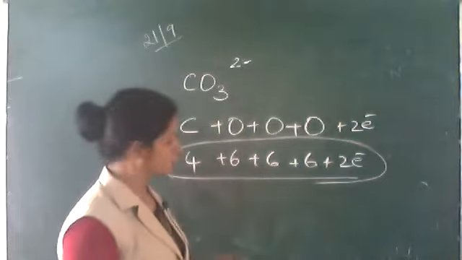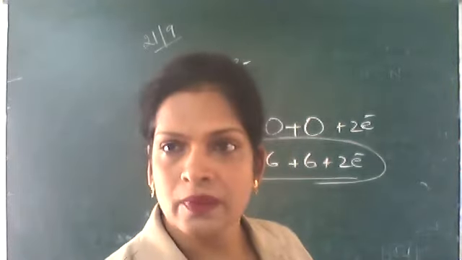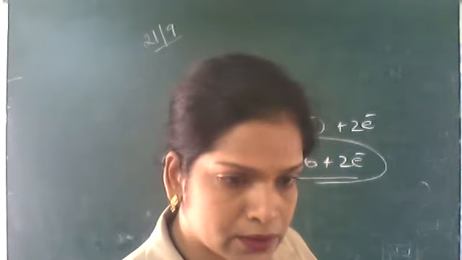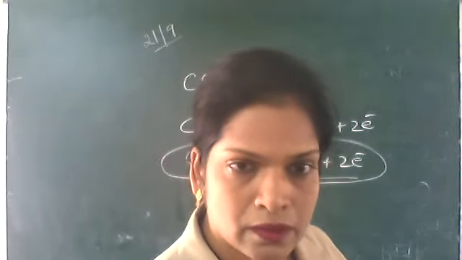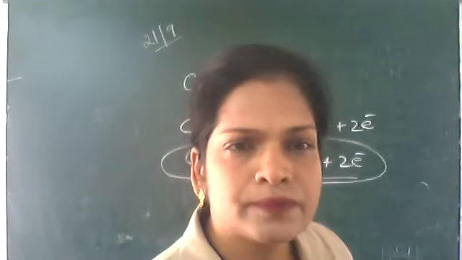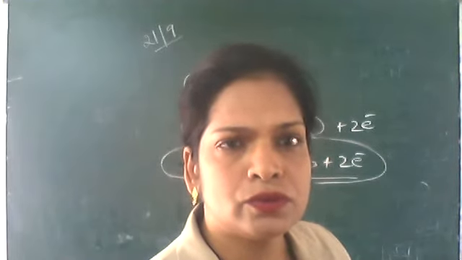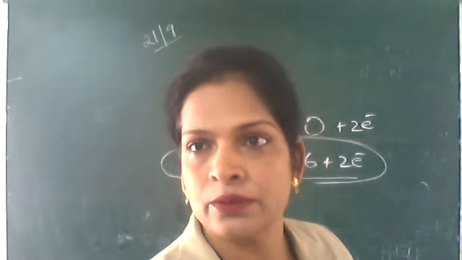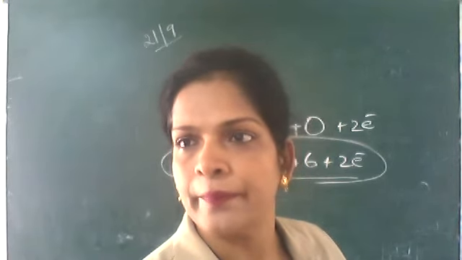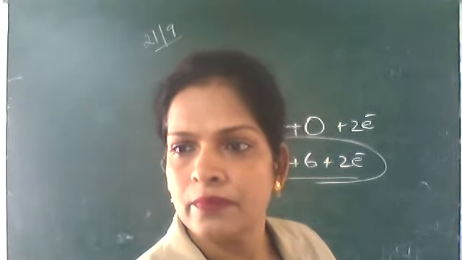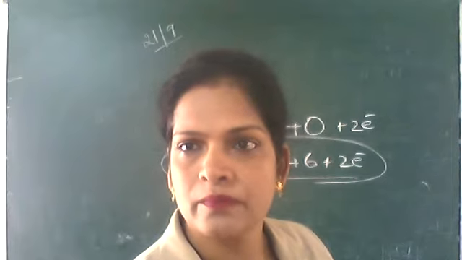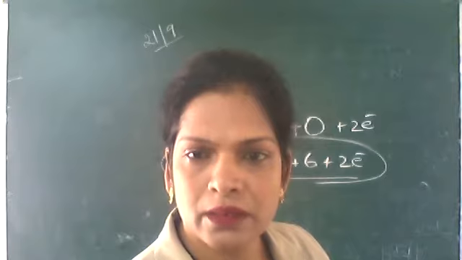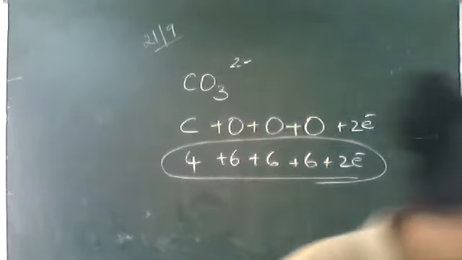You add all these things and tell me what is the total number of electrons. 24. These 24 electrons we have to distribute to them. Let me do a little bit of work.